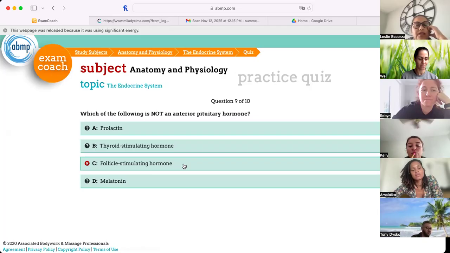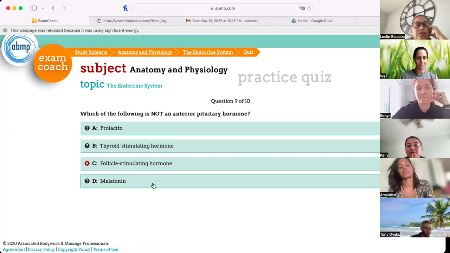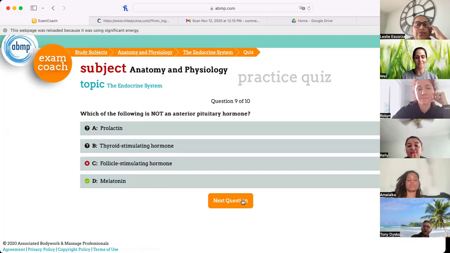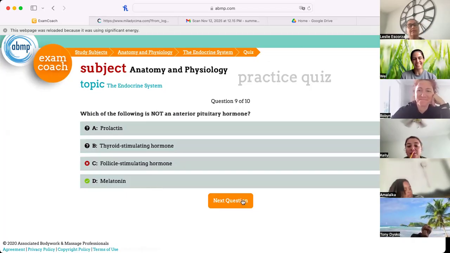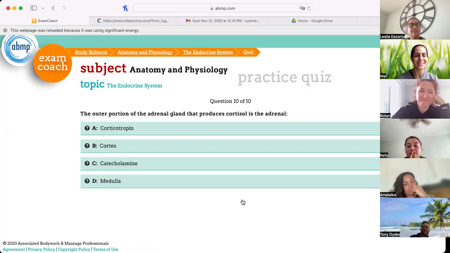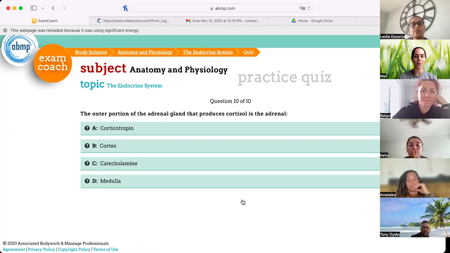Oh, I was thinking melatonin. Yes, I said melatonin too. Well, you guys would have been right. The outer portion of the adrenal gland that produces cortisol is the adrenal cortex.